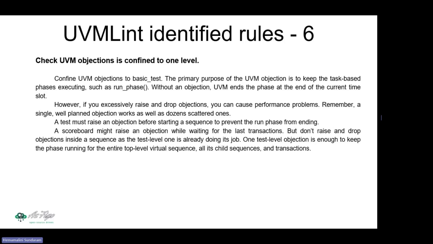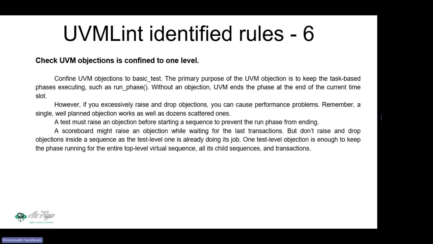A scoreboard might raise an objection while waiting for the last transaction. But don't raise and drop objections inside a sequence, as the test level one is already doing the job. One test level objection is enough to keep the phase running for the entire top level virtual sequence.